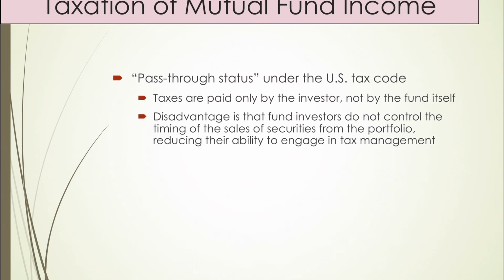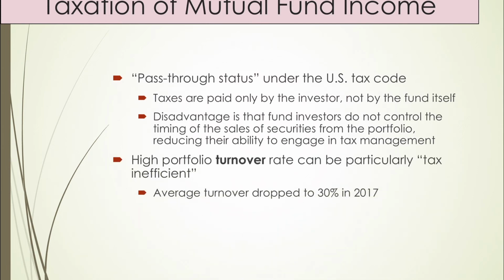And if you have a lot of turnover, where turnover is simply the ratio of the trading activity of a portfolio to the assets of the portfolio, if you have a high portfolio turnover rate, it can be particularly tax inefficient. So for example, let's say you have a $100 million portfolio, and with this $100 million portfolio, you have $30 million in sales and purchases.